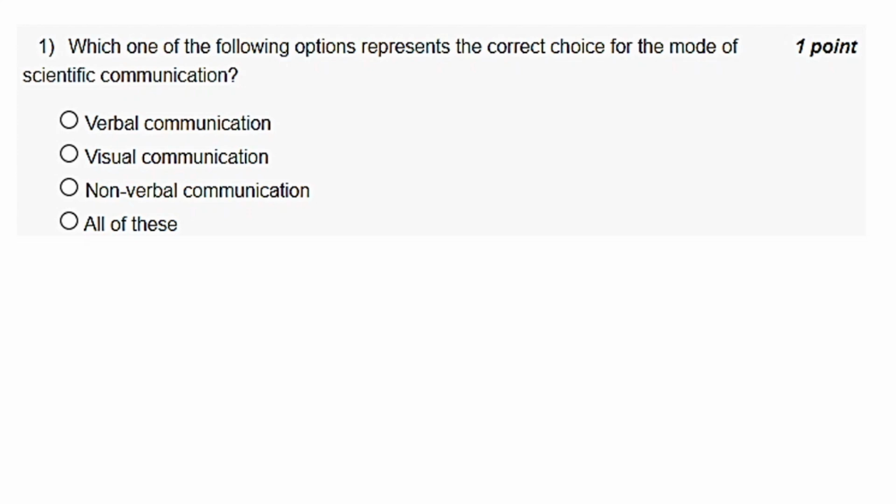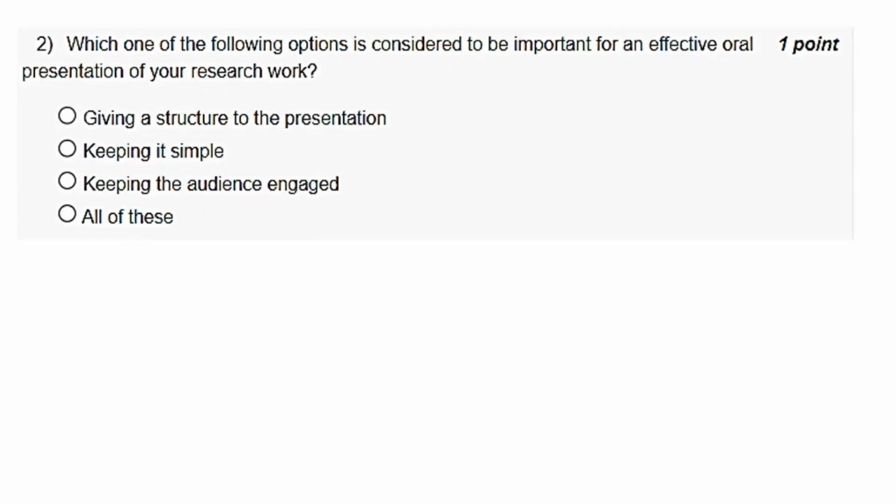All of these. So verbal communication, obviously, visual communication when you present things in conferences, slides, everything. Even non-verbal communication works. Even in the scientific world, all of these can be used to communicate when you're presenting your ideas.